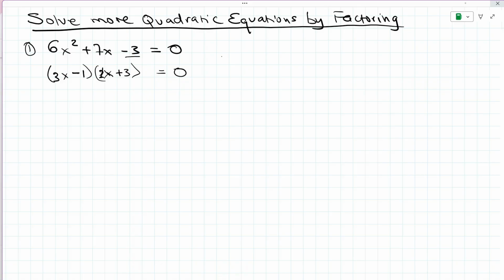Again, we can now distribute our two parentheses to see if we will get back our 6x squared plus 7x minus 3.